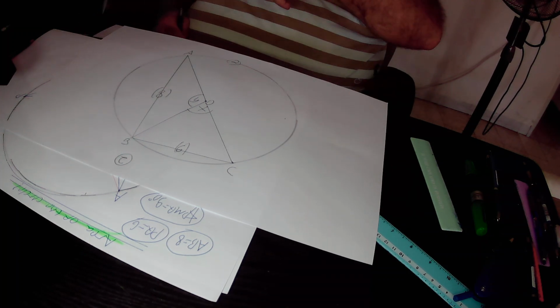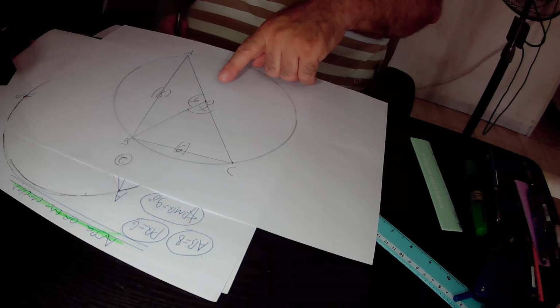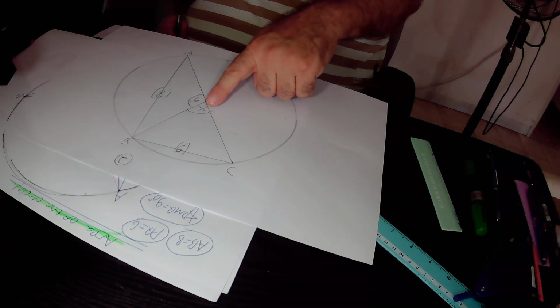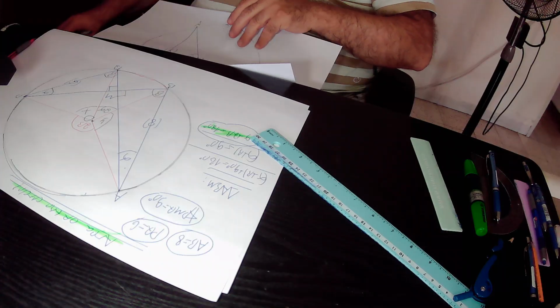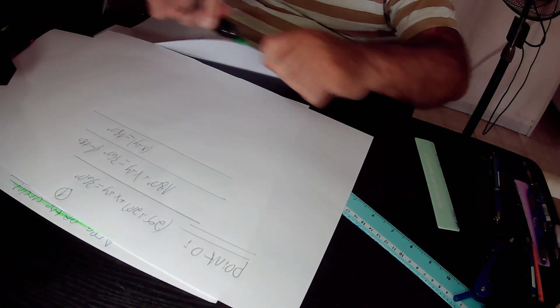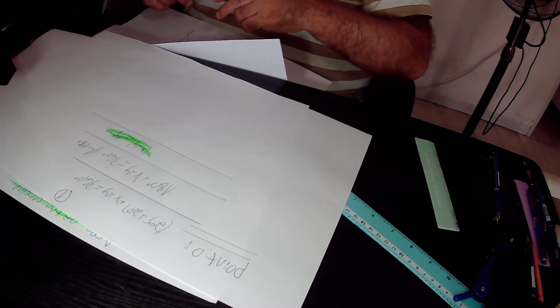So by doing this construction, we get that the big angle AOC equals x plus y degrees in its size. Again, the big angle AOC equals x plus y degrees in its size. But we already found out that x plus y equals 180 degrees.